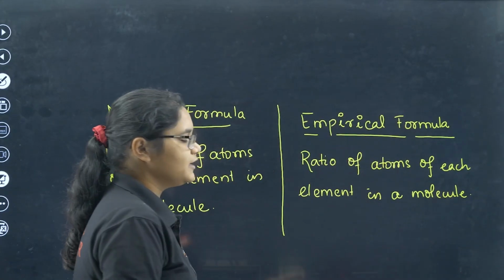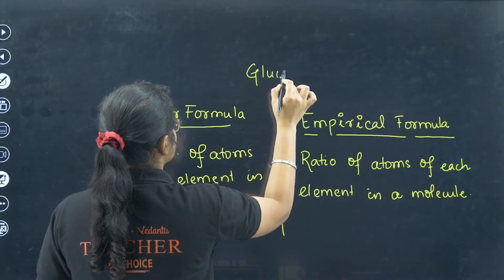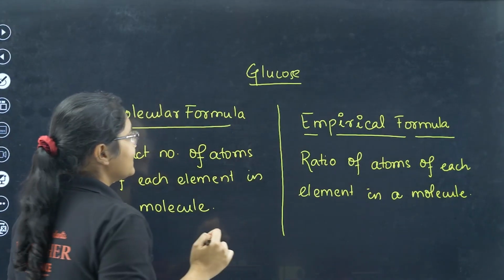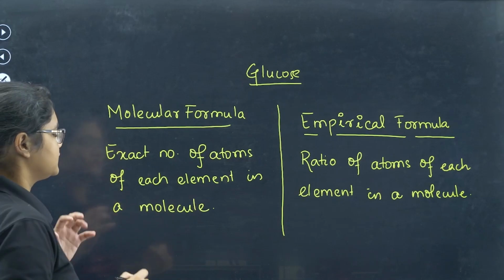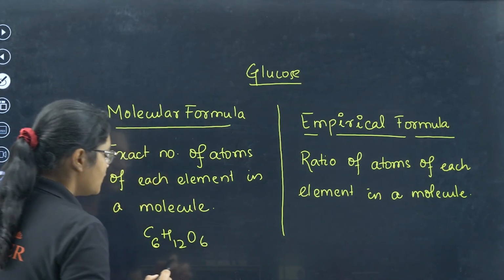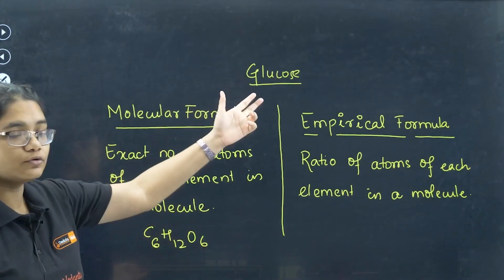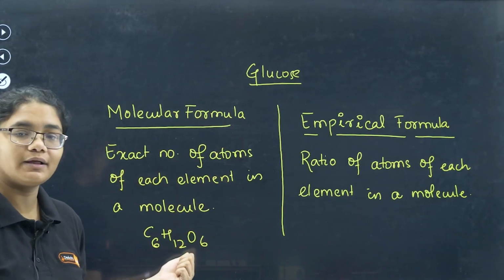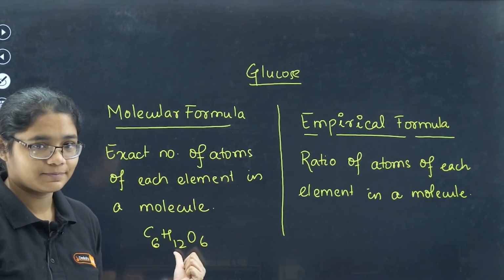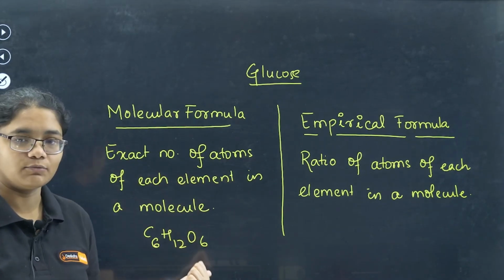Now I'll tell you the difference also. Let's talk about one compound, that is glucose. What is the formula of glucose? That is C6H12O6. Now what information does this give you? This tells you that in the glucose molecule there are 6 carbon, 12 hydrogen and 6 oxygen, right? So this is the exact number of atoms of each element present in the molecule.